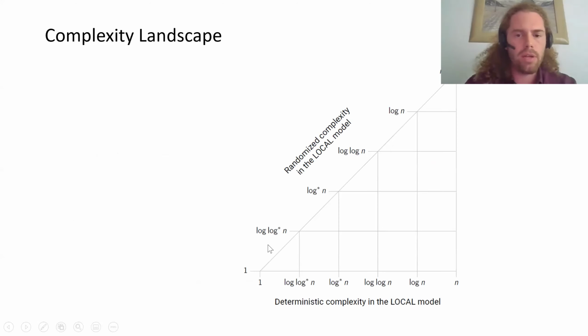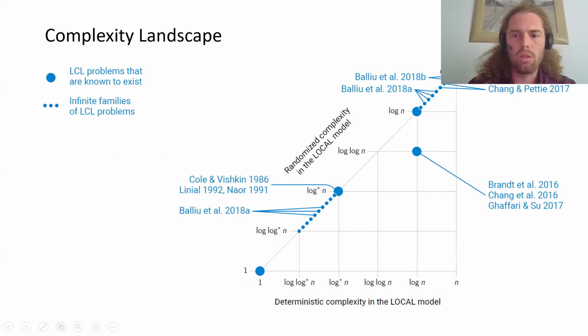The nice thing about LCL problems is that we know a lot about them, in particular, what complexities they can take on. So if we put this into a picture where we have the deterministic complexity on the x-axis and the randomized on the y-axis, we can now put some dots in here that all correspond to problems with the respective deterministic and randomized complexities.